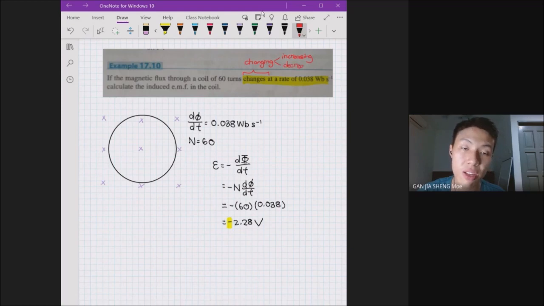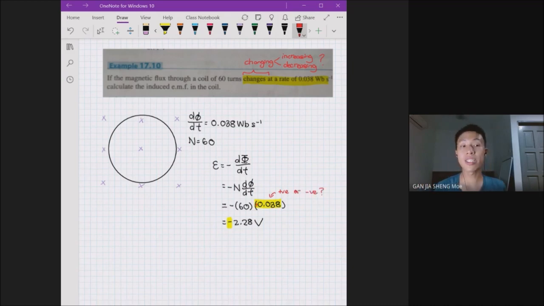That is actually very important information for us. If it's increasing, then this d phi dt here is a positive d phi dt. If it's decreasing, then it's a negative d phi dt. So we don't know whether it's increasing or decreasing, so we are not sure whether this value over here should be positive or negative.